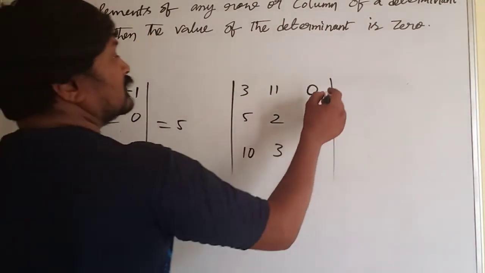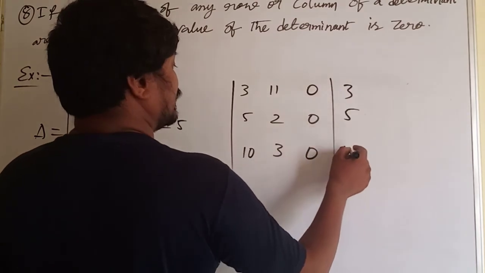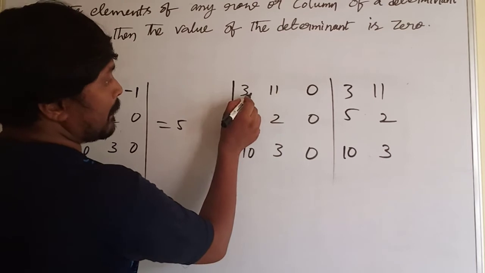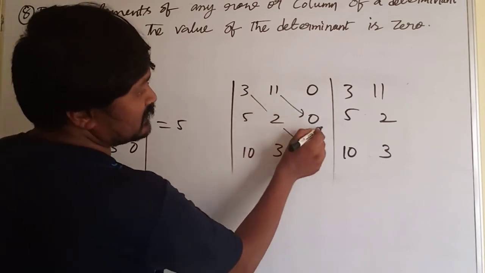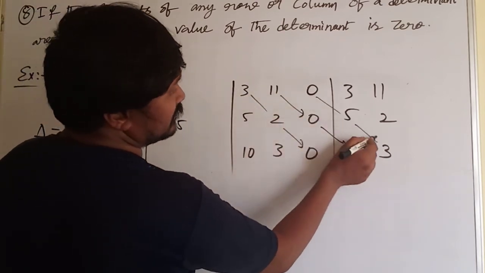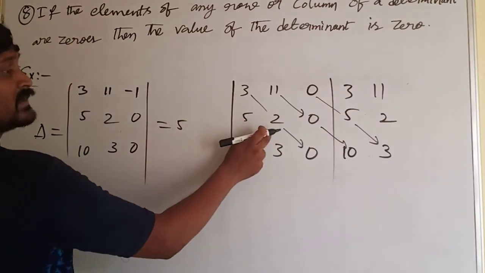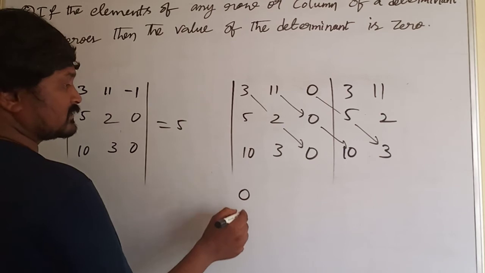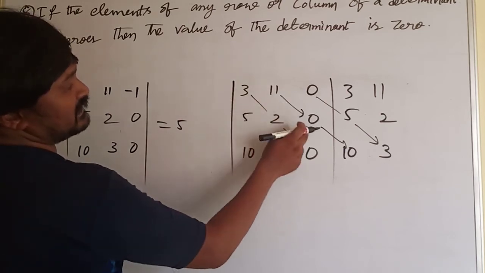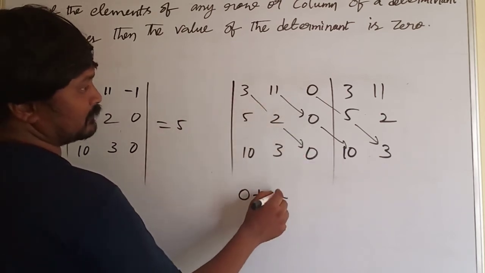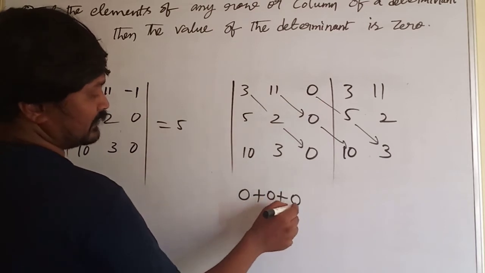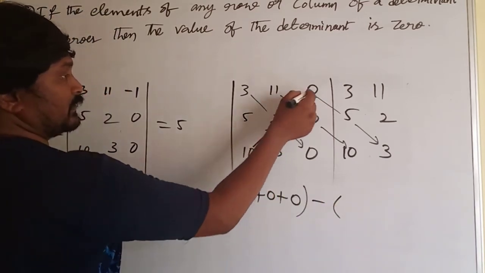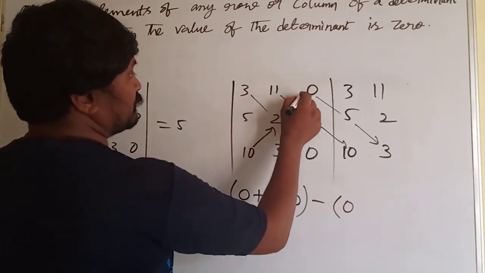Let me check. So 3, 5, 10 according to Sarrus diagram, 11, 2, 3. First, second, third. Now 3 twos are 6, 6 zeros are 0, plus 11 times 0 is 0, 0 into any number is 0, plus 0 into 5 is 0, minus second one, 10 twos are 20, 20 into 0 is 0.